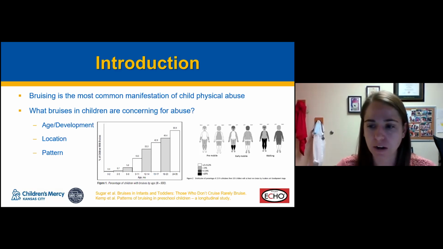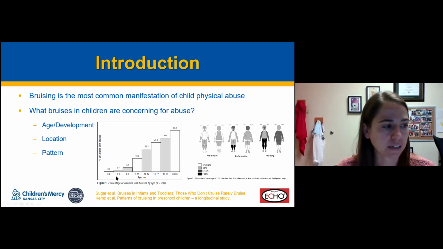There are several studies in the medical literature that have addressed these questions and demonstrate three factors that are important to consider when you're evaluating a child with bruising. Age and developmental status of the child is one of these. The bar figure that I've shown here is taken from Naomi Sugar's study in 1999 on bruising in infants and young children, and demonstrates the importance of considering age and developmental stage.